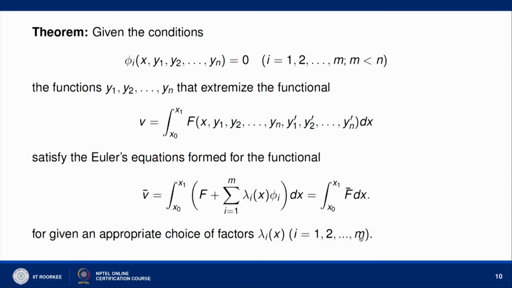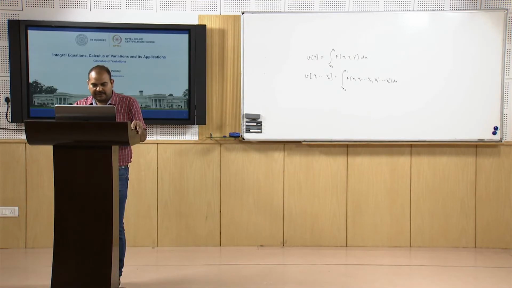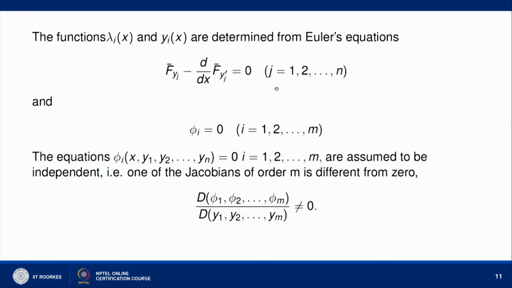And here the factors lambda i(x) and these extremal functions y1 to yn can be obtained from Euler's equation: f bar y j minus d by dx of f bar y j dash equal to 0 for j equal to 1 to n, and phi i equal to 0 for i equal to 1 to m.